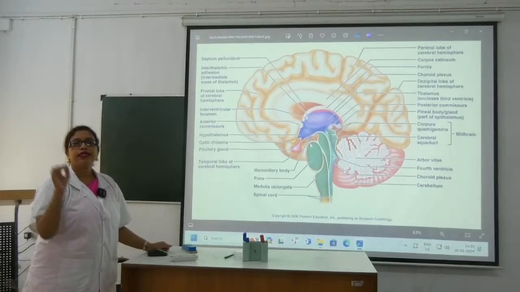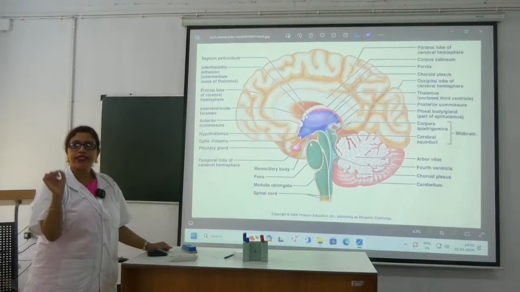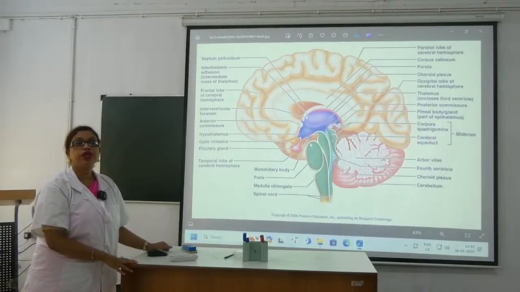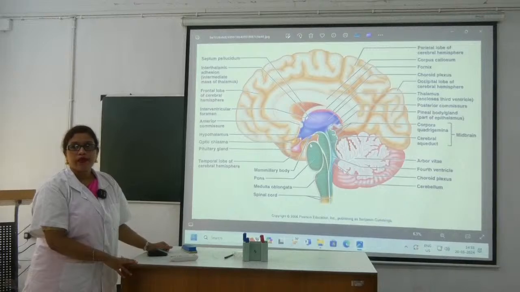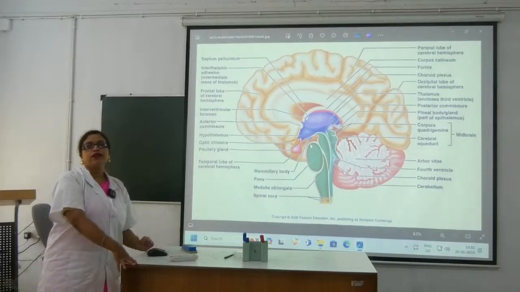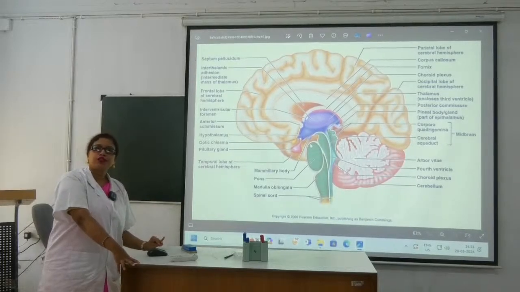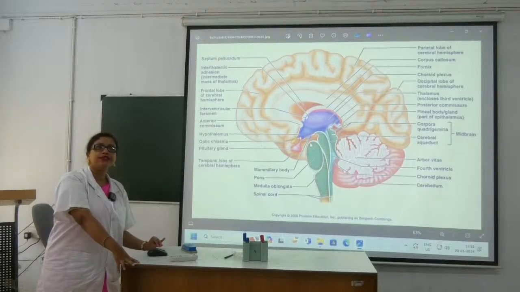Okay, and you will see there are small grayish particles present on the midbrain. This is known as substantia nigra. So what is the function of substantia nigra then? The disease of substantia nigra is Parkinsonism.